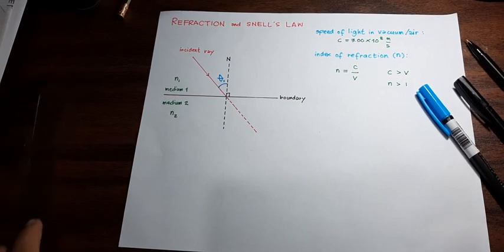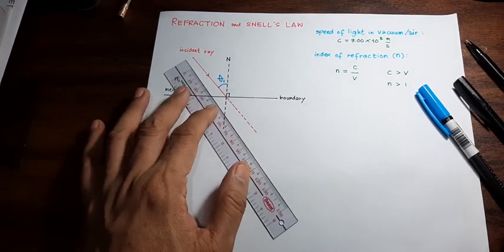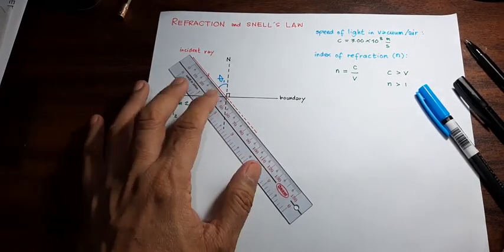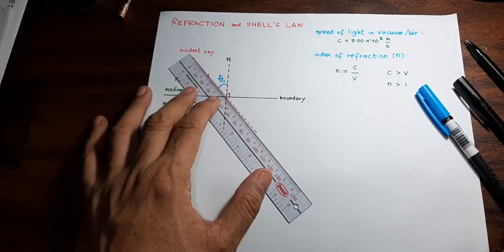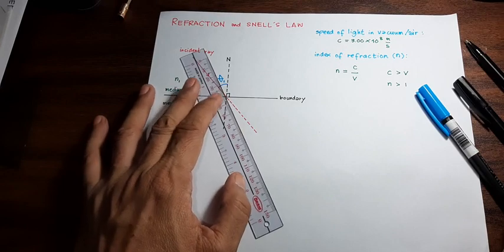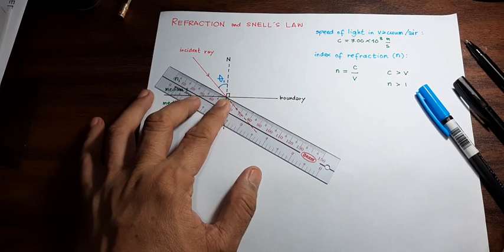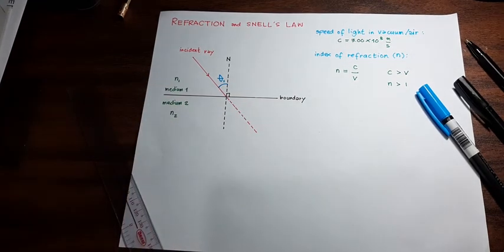Now the question is, how will the light ray be refracted, or how will it bend when it enters medium 2? It could bend closer to the normal like this, or it could bend farther away from the normal like this. Well, it depends on which of the two media has a higher index of refraction.